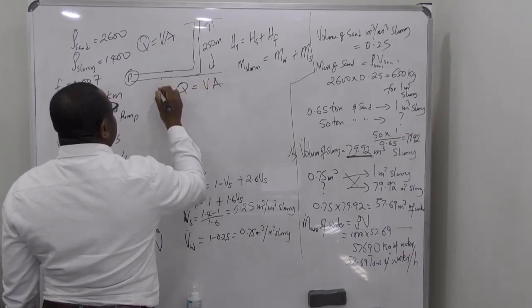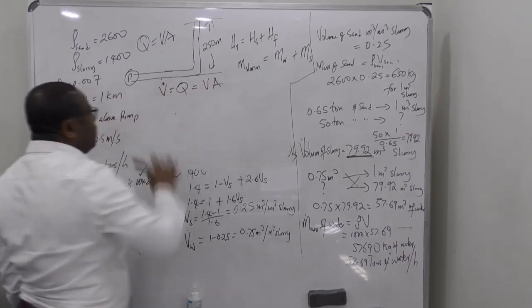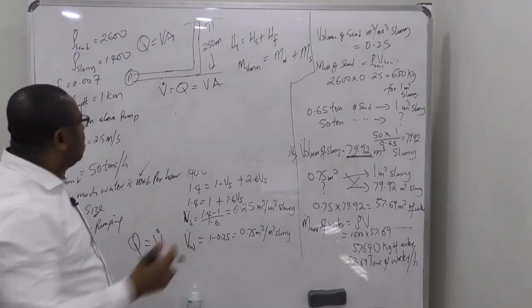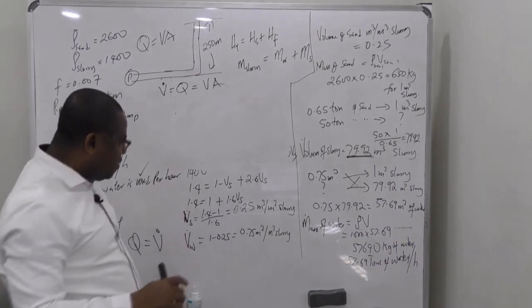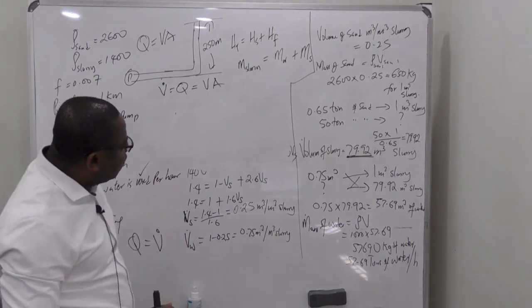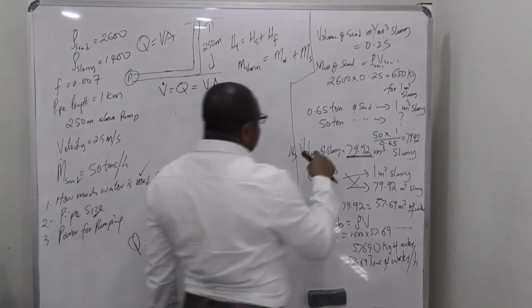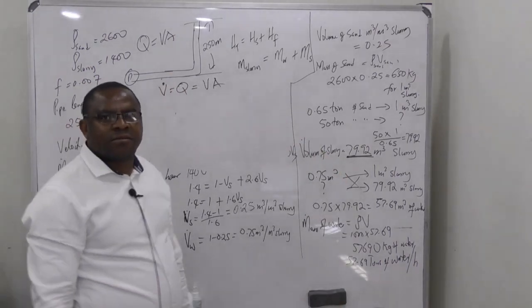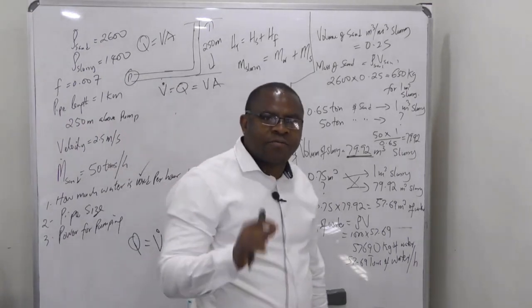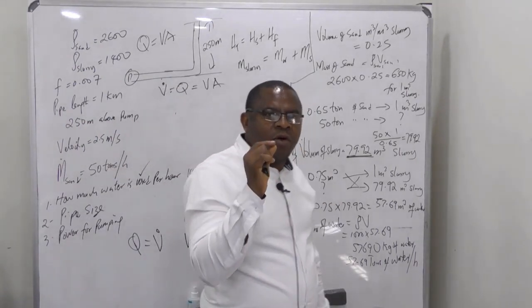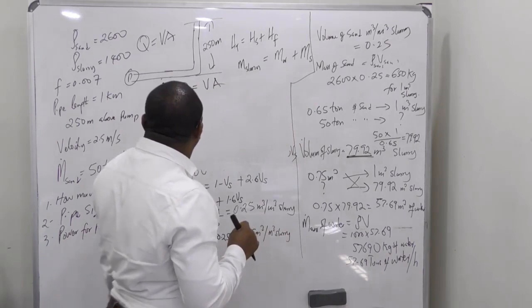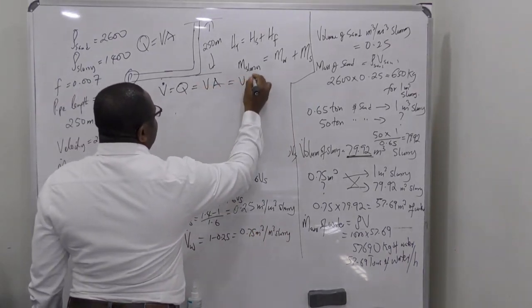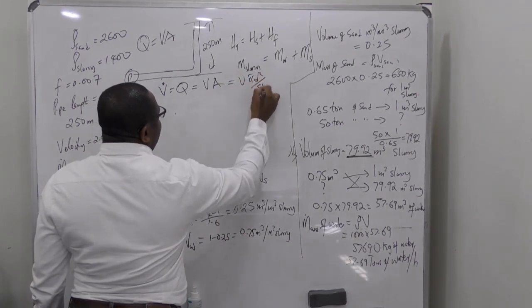This Q is the volumetric flow rate, the volume with time. This is the volume of the slurry. So now, for us to know this pipe size, this is V times pi d squared over 4.